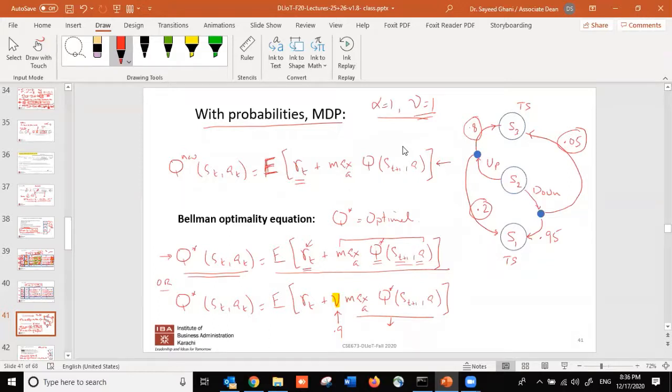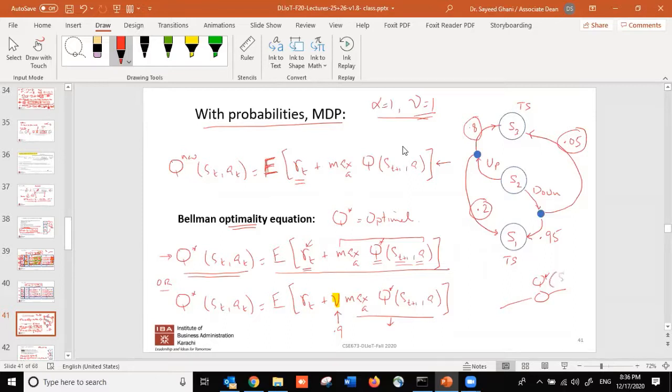Okay, sir. But this is actually quite an important equation as well, because now we're talking about optimality. This is the optimal equation. What it's saying is that if you know the optimal value of Q in the next state, then in a sense you can figure out what the optimal value is in the current state.